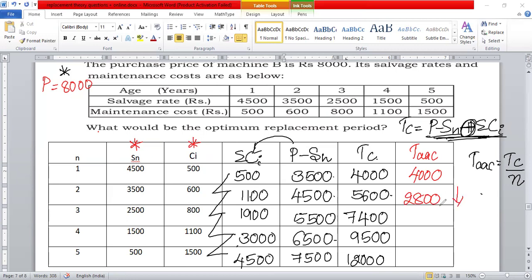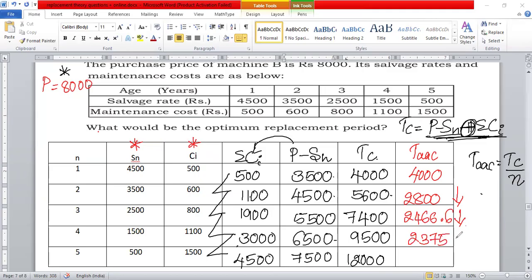Decreases. 7,400 divided by 3, 2,466.6. Decreases. 9,500 divided by 4, 2,375.